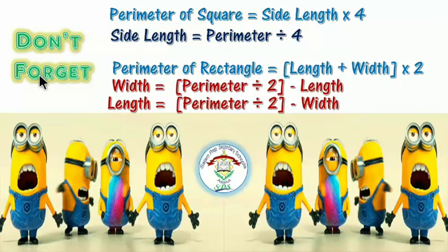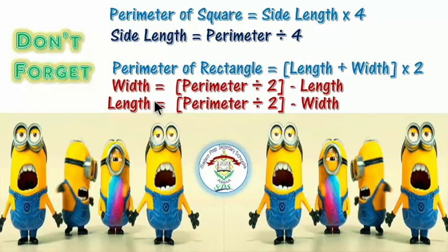Don't forget, perimeter of square equals side length times 4. Side length equals perimeter of square divided by 4. Perimeter of rectangle equals length plus width all times 2.